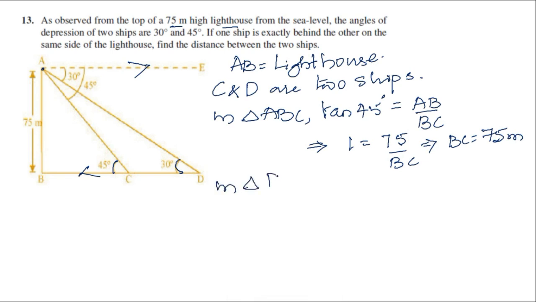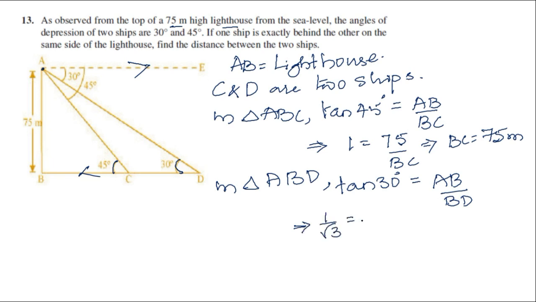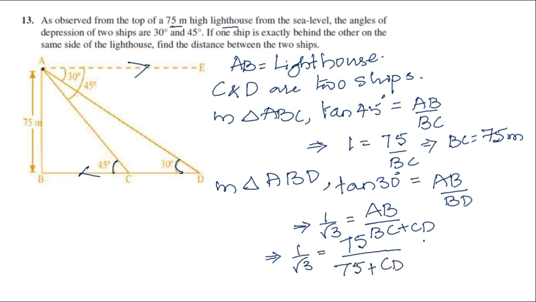Now consider the triangle ABD. In this larger triangle, tan 30 degrees is equal to the opposite side AB by adjacent side BD. Tan 30 degree is 1 upon root 3. This is equal to AB upon, instead of BD, I would like to write BC plus CD. This implies 1 upon root 3 equal to AB value is 75 meters divided by BC is also 75 plus CD.